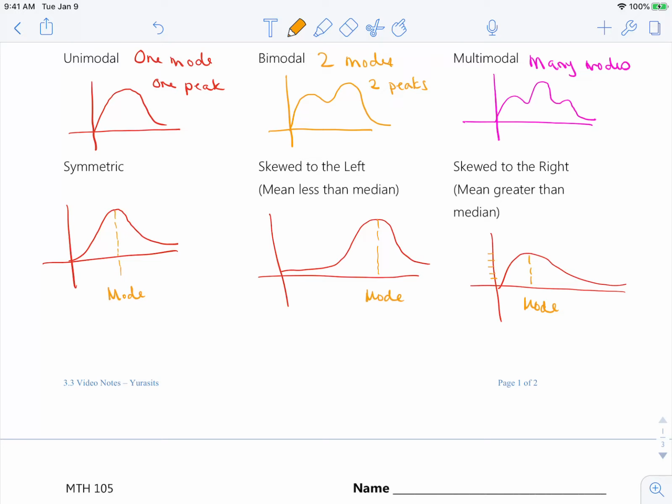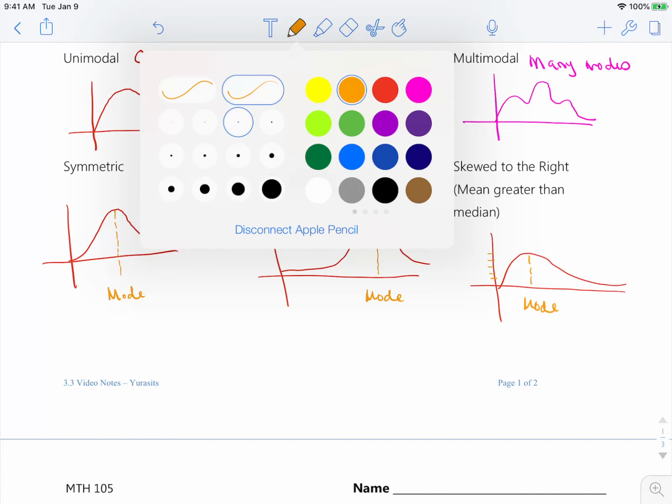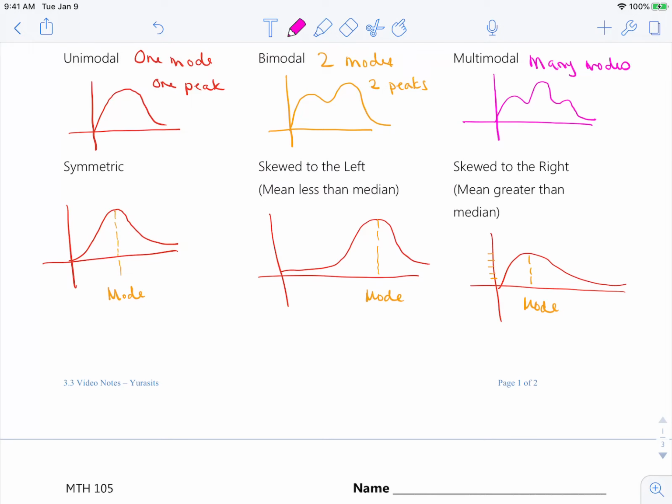Okay, the other definition we talked about is median, and that cuts your data right in half, okay? So it cuts your histogram in the middle. So here is the middle, right? When something's symmetric, well, what do you know? That means our median and our mode will be the same when it's symmetric.